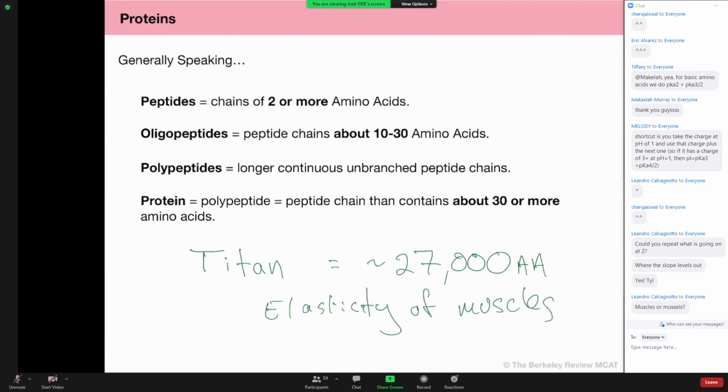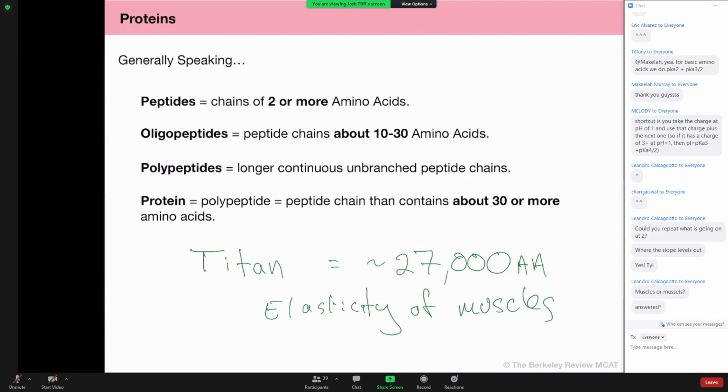Someone asked a good question: what's the difference between an oligopeptide and a polypeptide? An oligopeptide is a polypeptide, but oligopeptide specifically means a shorter-chained polypeptide. So if you ever see the word oligopeptide, don't think titin or anything enormous. Think somewhere around 10 to 30 amino acids.